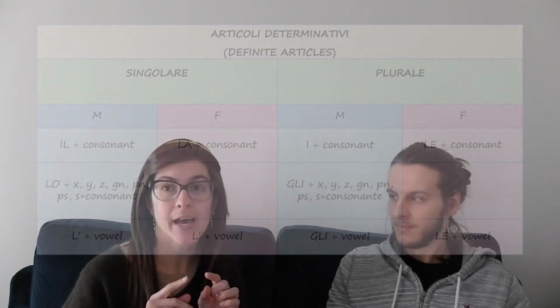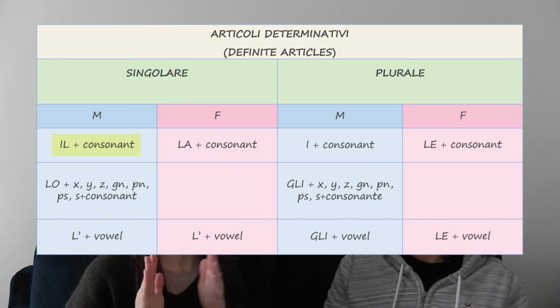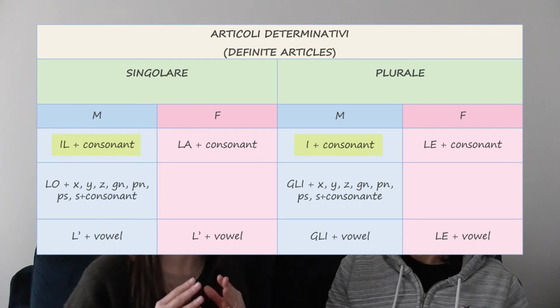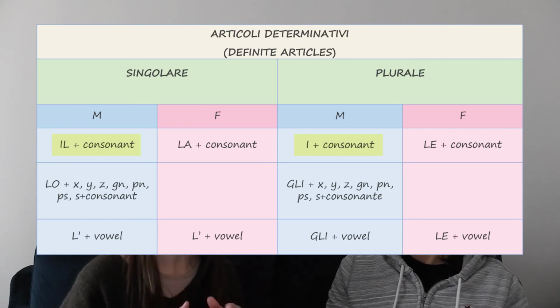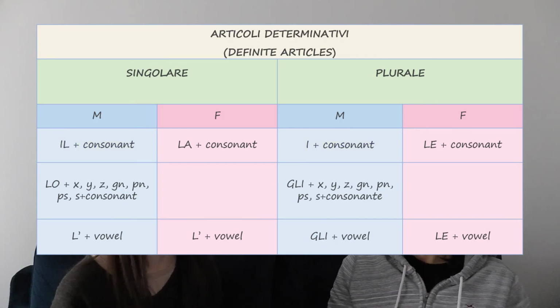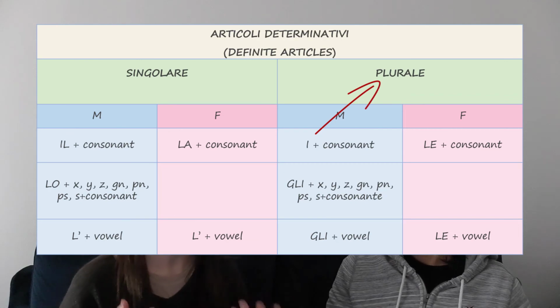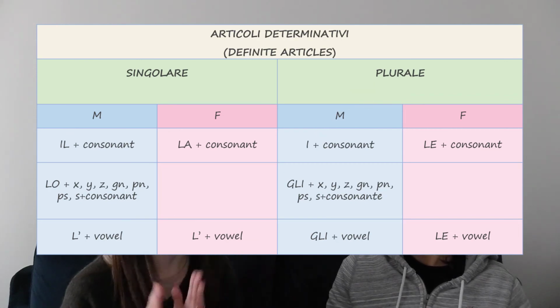So, what are the definite articles in Italian? Just as a quick explanation again, we have il and i for masculine. Il is for a masculine noun that starts with a consonant, and i for a masculine noun that starts with a consonant, but in the plural. Il for the singular and i for the plural in masculine nouns that start with a consonant.